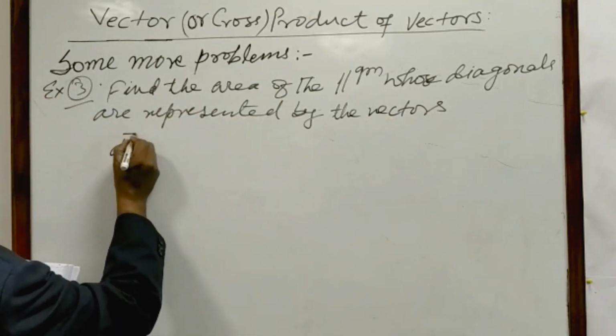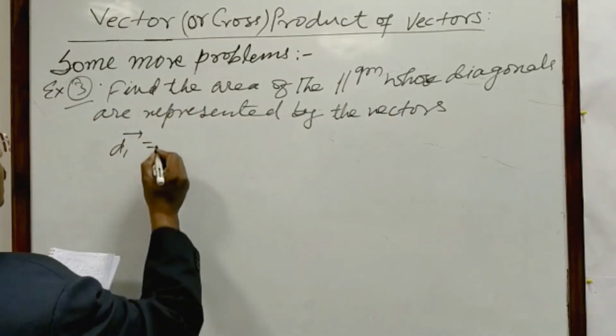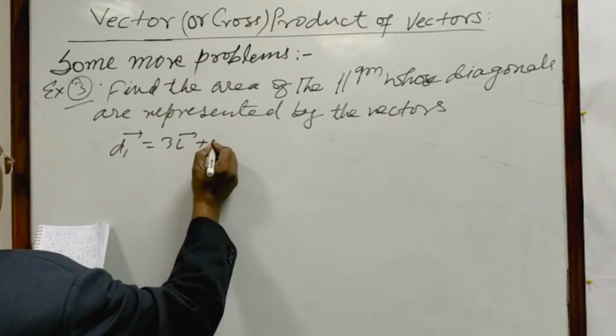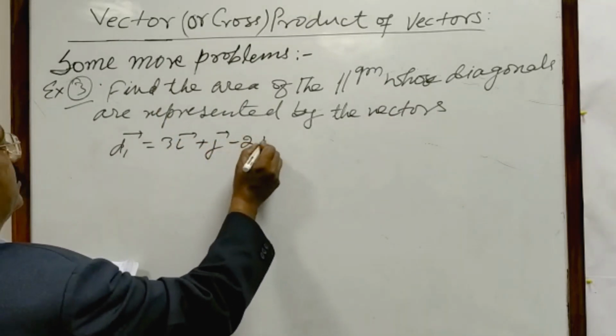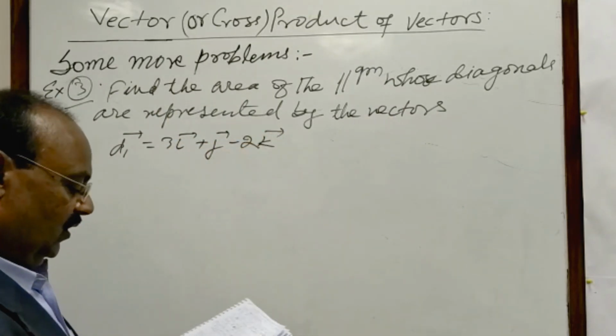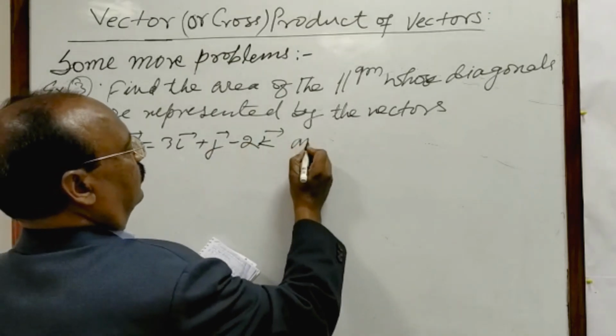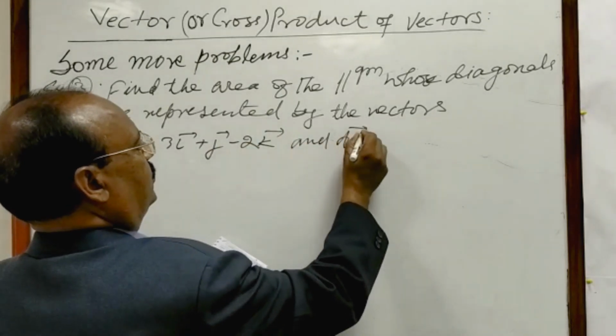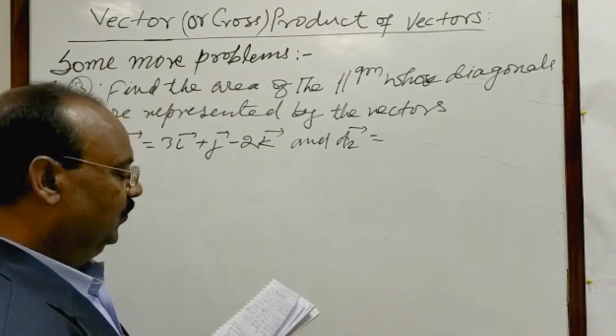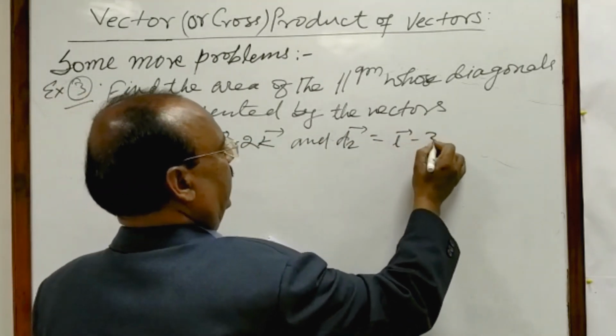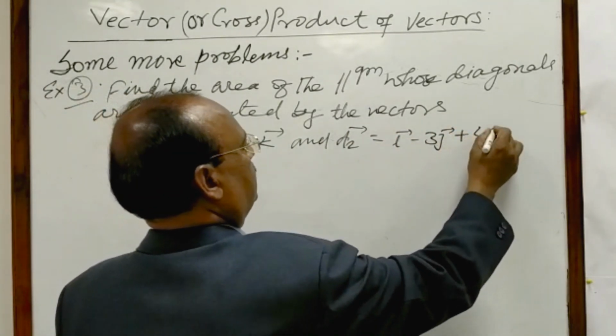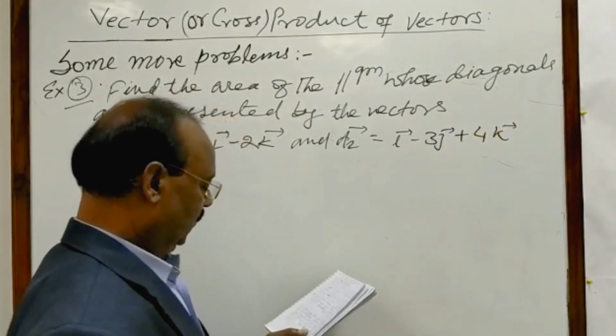One diagonal is vector D1, which is equal to 3i plus j minus 2k, and another diagonal D2 is equal to i minus 3j plus 4k.